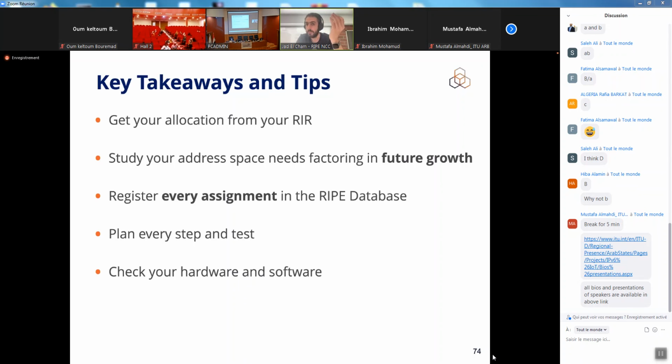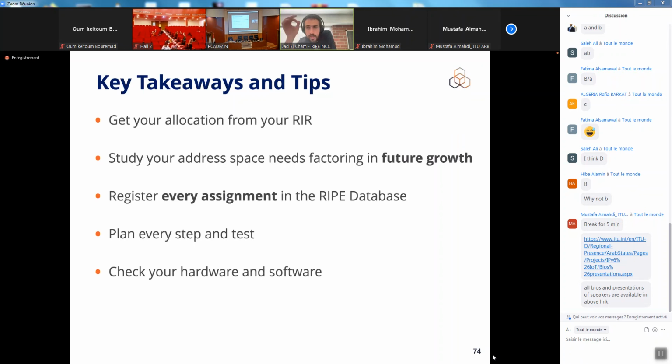It's going to be a hassle. So whenever we're doing an addressing plan, you should take into consideration what you need now, and more importantly, your future growth, because that's the idea of IPv6. IPv6 was created to boost your growth. It's going to be here for the next 50, 100 years, so make use of it, right?